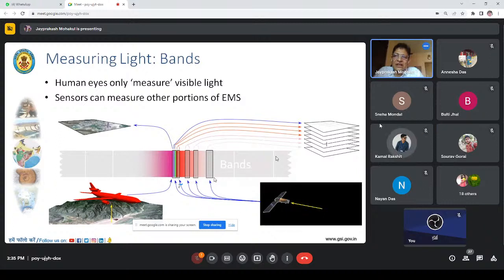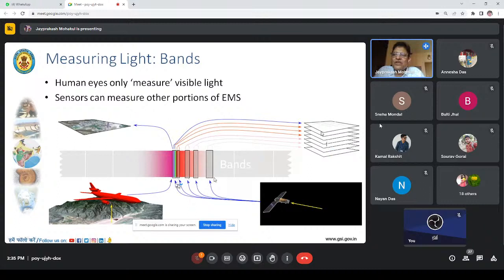Now you gather information in, let's say, 0.4 to 0.7 range, in 0.7 to 0.9 range, and 1.1 to 1.4 range. Let's say I have three different rasters collected from three different ranges.